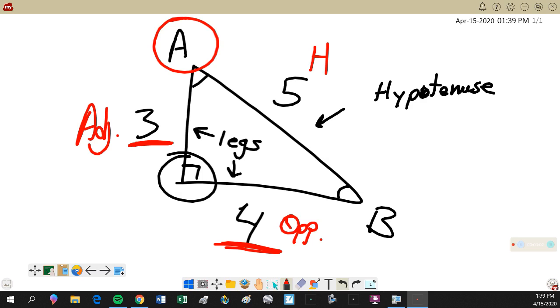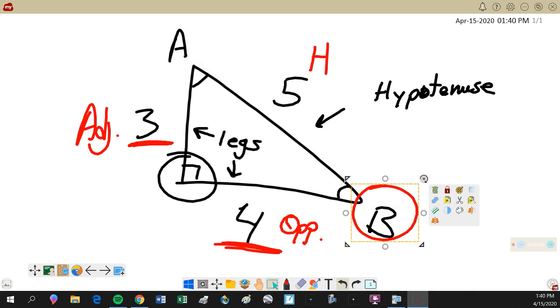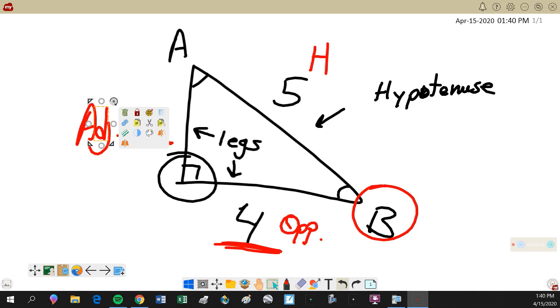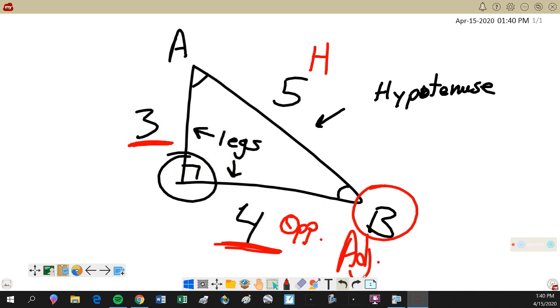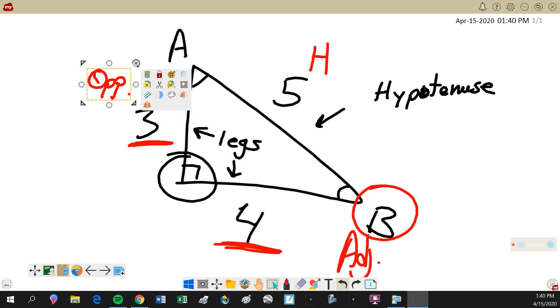Now, sometimes we don't want to look at angle A, we actually want to look at angle B. What does that do? Well, the hypotenuse doesn't change, H is still in the same place, but now this adjacent piece moves over here, and the opposite piece moves over here.